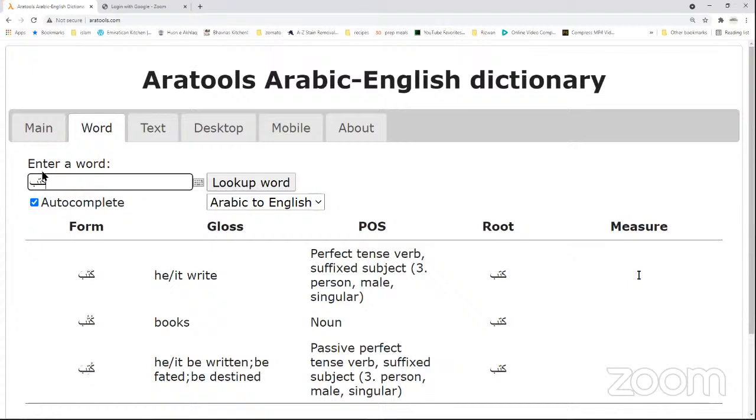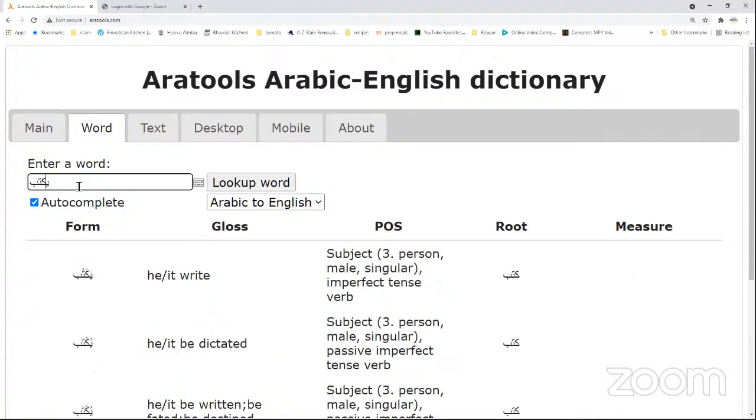So once I know kataba, I will just go to yak. I'm not giving any harakat here. I'm just giving ya, kaf, ta, and ba, because I know for sure that Mudare always begins with ya. True or not? The moment I say yak, it is listing me yaktubu.